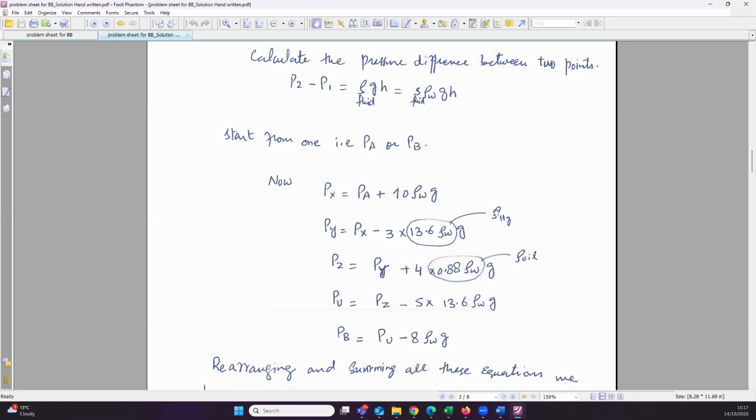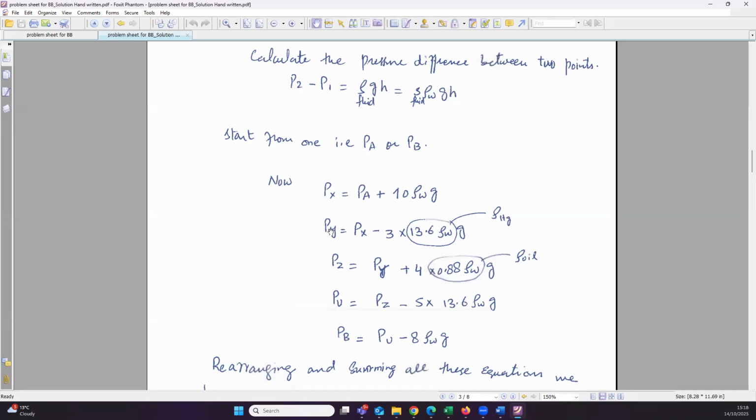Okay, so if you rearrange this equation, we can write the density of mercury as 13.6, that is the specific gravity of mercury, times rho W, that is the reference fluid, times G. So this is 3 rho GH.